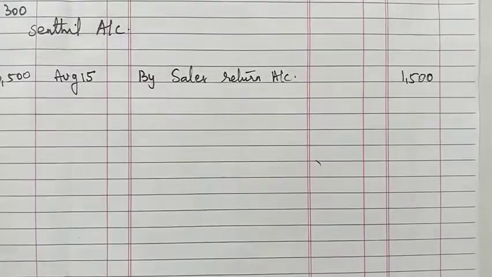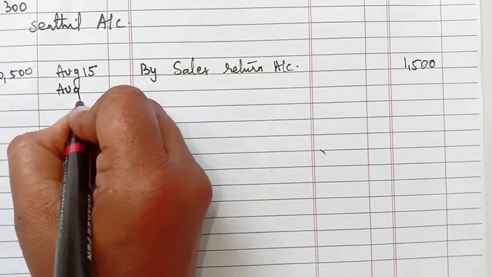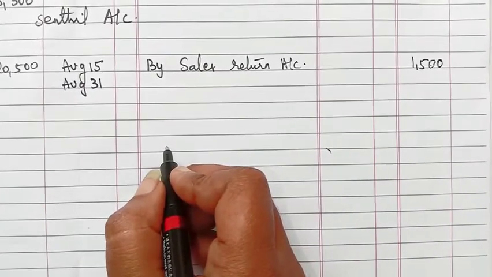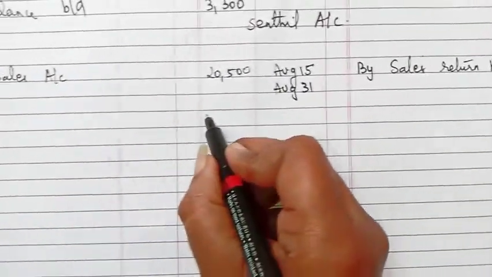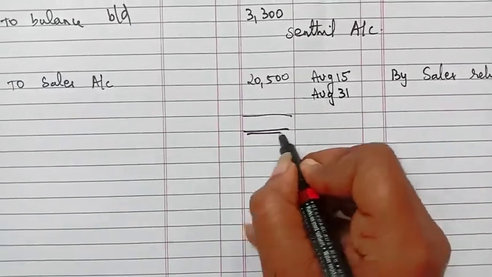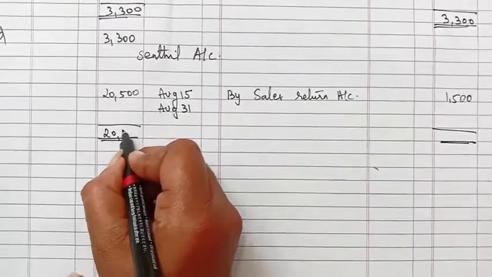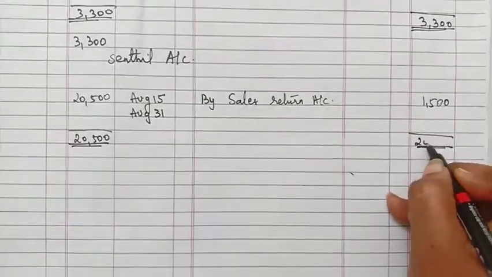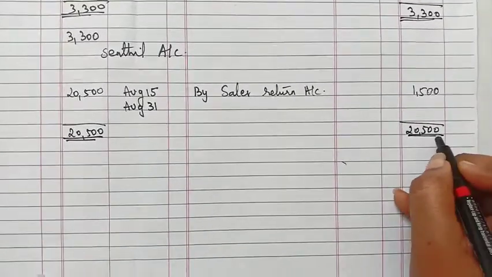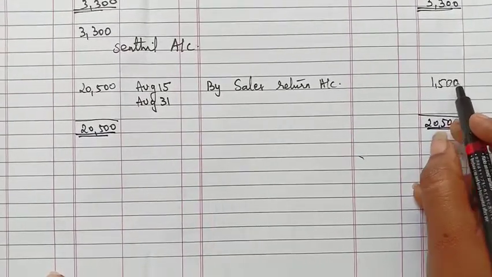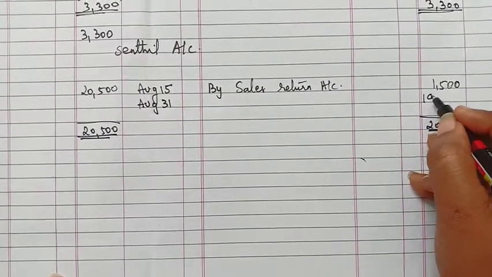Next we'll go for the August 31 date. We first total everything, both the sides. Both the sides are 20,500. Here also 20,500. From 20,500, if you minus 1,500, we'll get 19,000.